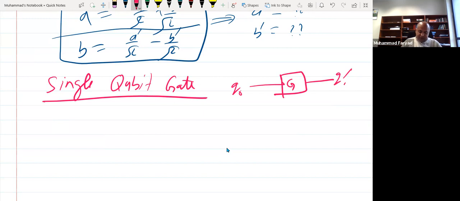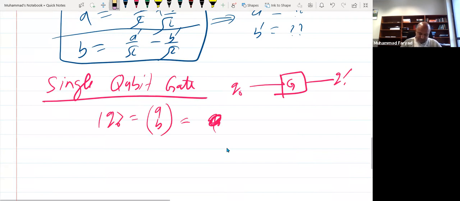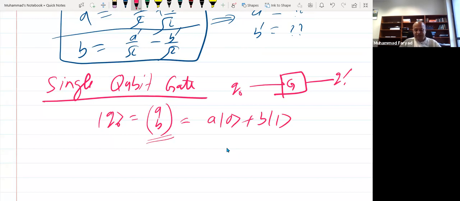Now, this Q0, if you think about it in matrix terms, is some general column vector A and B. And if you think in terms of Dirac notation, you can write it as A0 plus B1. So you can either think in terms of the matrix column vector, or you can think in terms of the Dirac notation as a state vector.